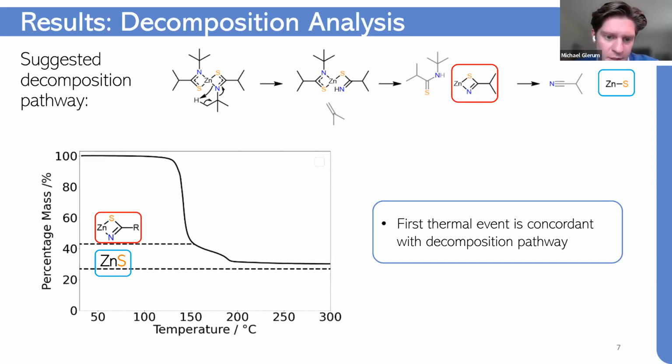You've got a distinct second hump in there, around about 200 degrees Celsius. I see, your ZnS. Well, I'm hoping that it's simply the formation of that fragment, and then that decomposes. If you look at the top right-hand corner, I've got the formation of a nitrile and zinc sulfide left over, and I think it's just a booting off of that nitrile that's been given by that thermal event. Does that make sense? Yeah, that makes sense. Thank you very much.